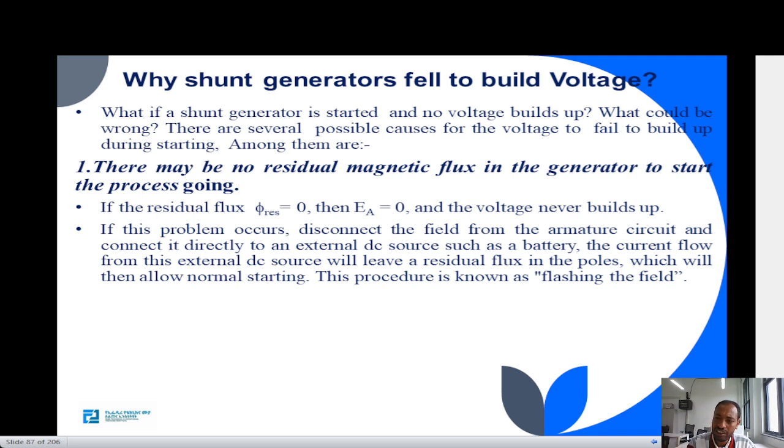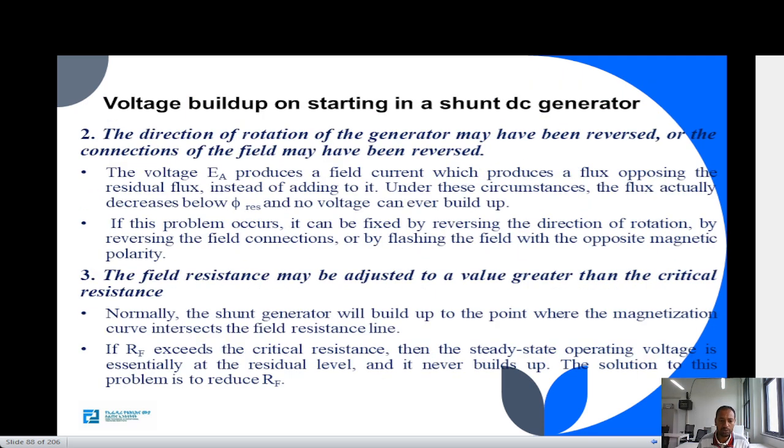If the machine gets a small residual flux, it can start by itself. Such a technique by which we can start the DC machine is called flashing of the DC machine. Simply, flashing means disconnecting the field winding from the armature and connecting it to an external supply battery. That is one solution.